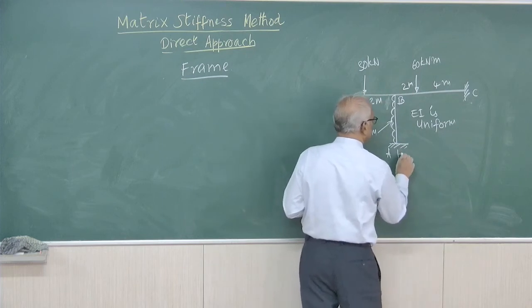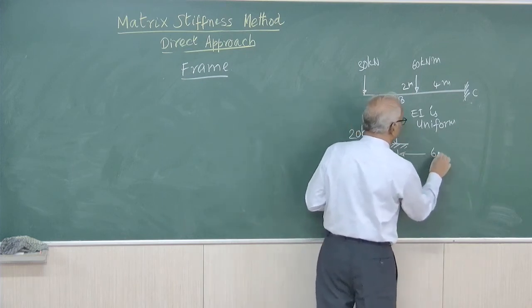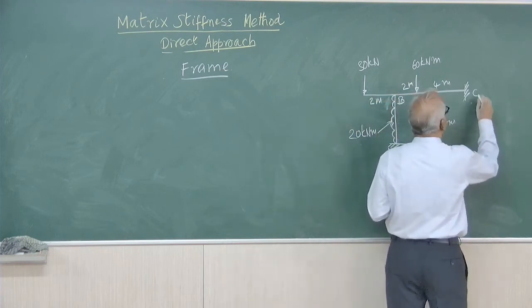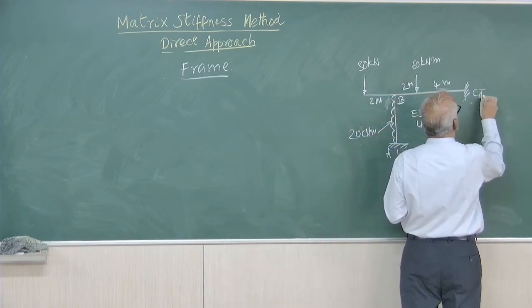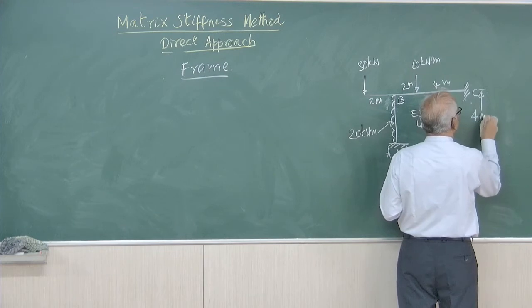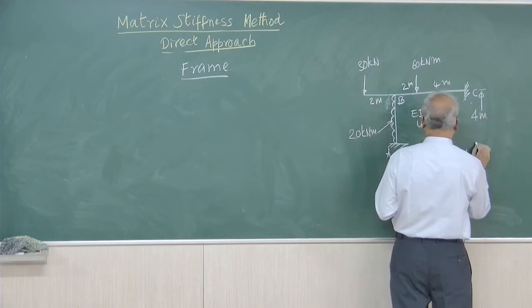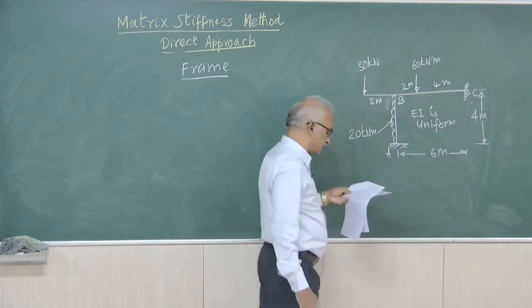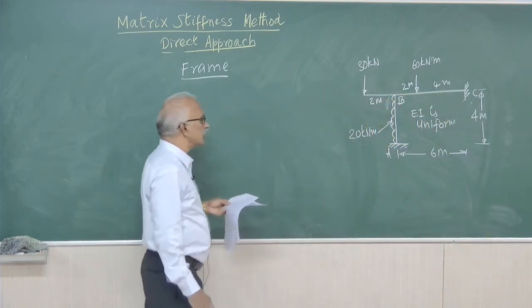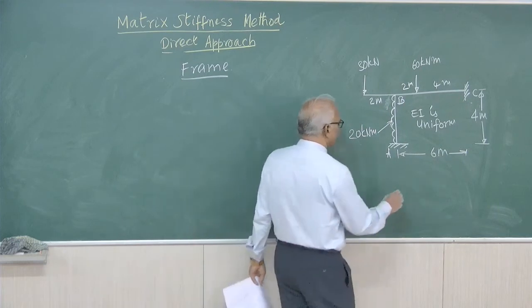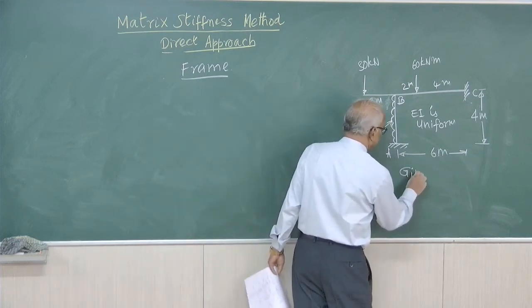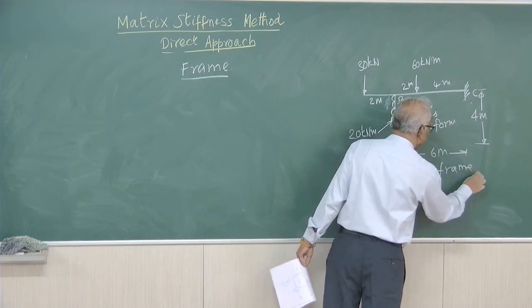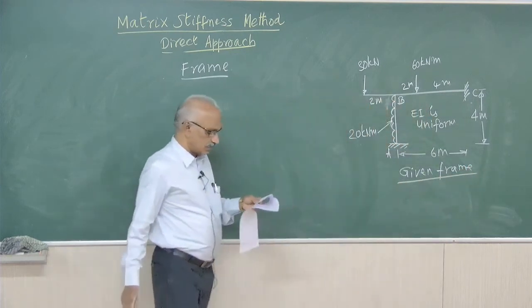So, this is 6 meters and this column is of height 4 meters. ABC. This is the given frame and the loading is this.